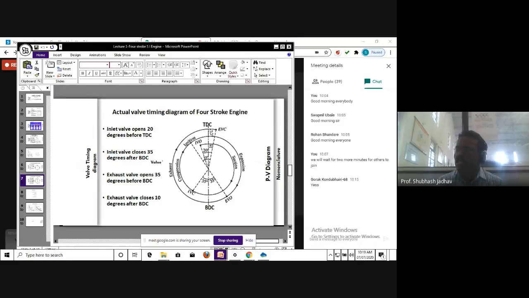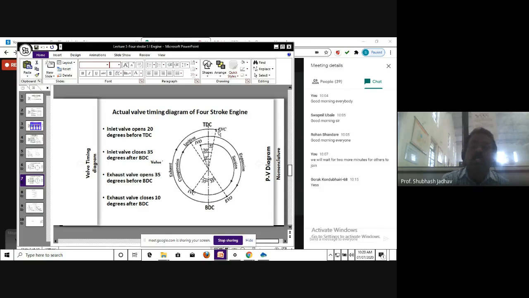That means some exhaust is going to remain inside the combustion chamber. That will again affect the volumetric efficiency, because in the next cycle we are supposed to make the combustion chamber completely empty and fill it with the fresh charge, but here it is not happening, because some amount of exhaust gas is already remaining over there.